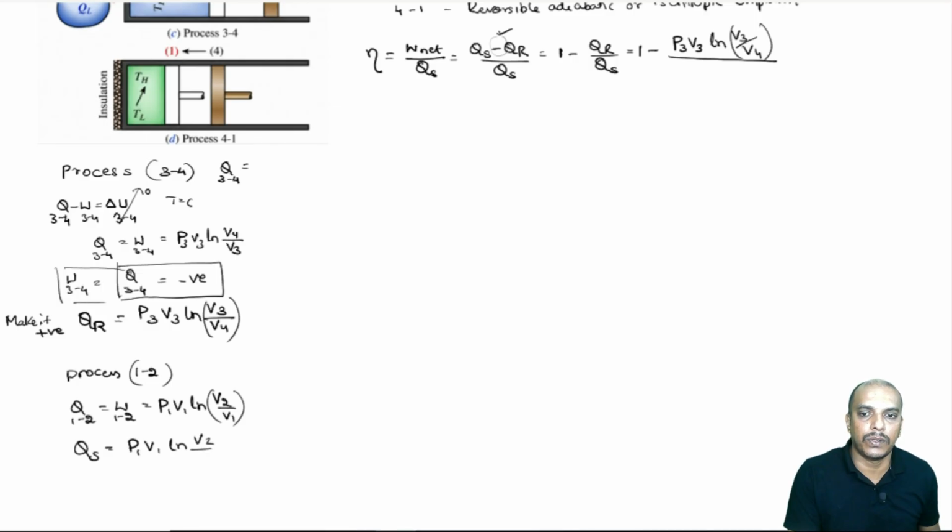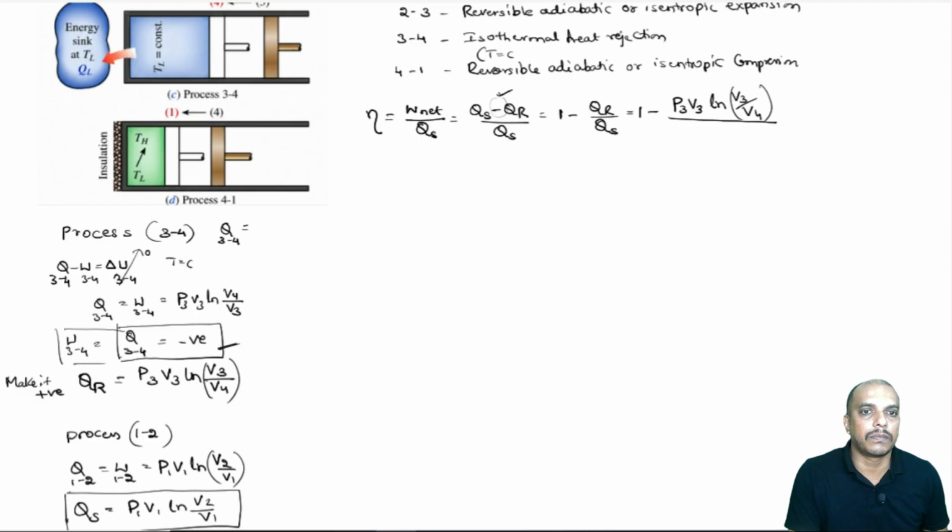Remember, when we talk about Q3 to 4, we are talking about a transaction, it could be negative or positive. But the moment I write QR, I want to keep it positive because I have already used the negative sign there. So, QS is P1 V1 ln of V2 by V1. Here there is no doubt, V2 is greater than V1, so we will get positive. So, it can be rewritten as P1 V1 ln of V2 by V1 in this equation, alright.